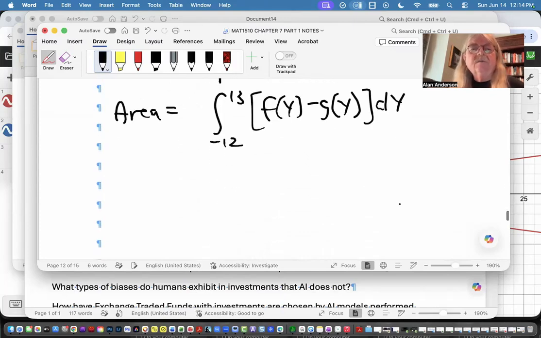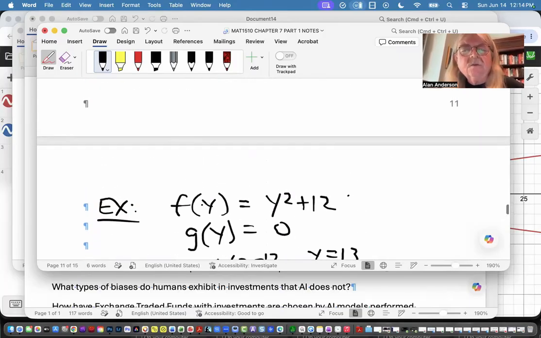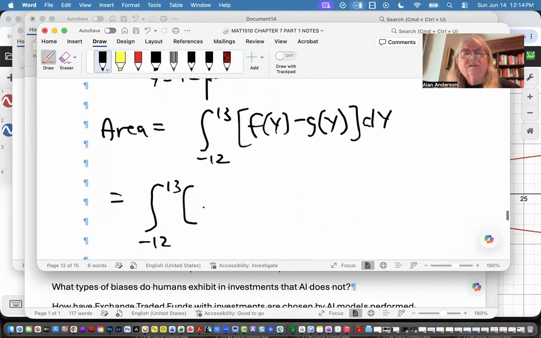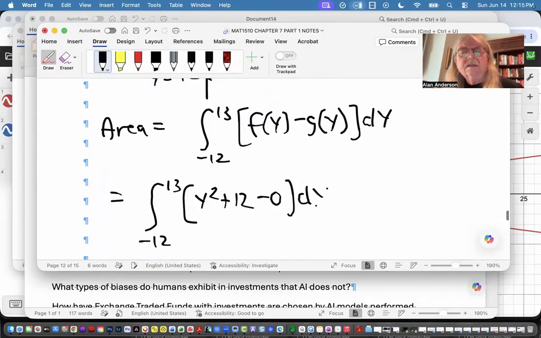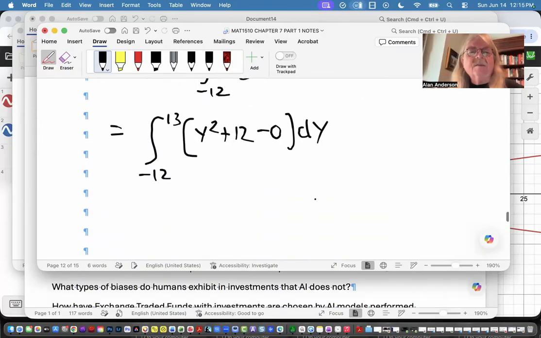And now we just plug in what we have. And so once again, that's y squared plus 12 minus 0. All right, so this will be the easy part, integrating it.